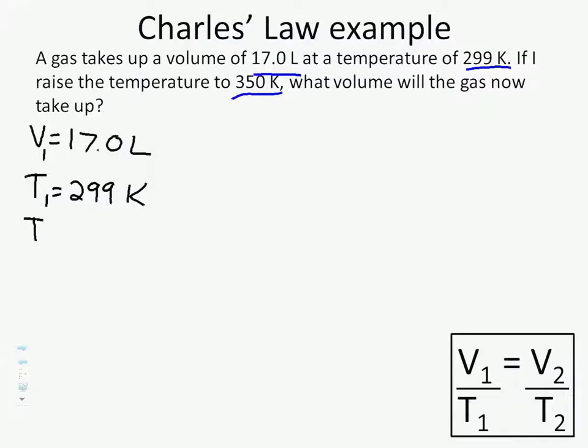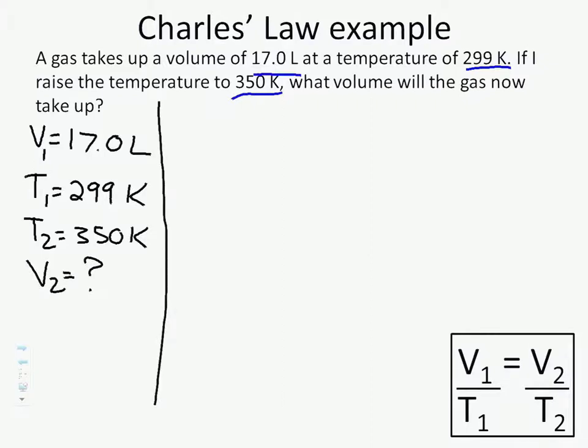Temperature 2 equals 350 Kelvin. And volume 2 is our unknown. Okay? So we've got V's and T's. That tells us we need to use Charles' law: V1 over T1 equals V2 over T2. Go ahead and solve it for V2.